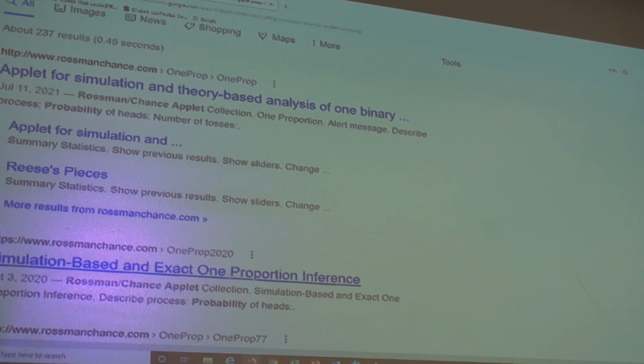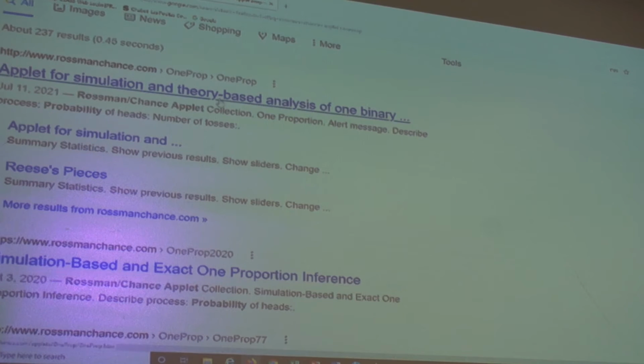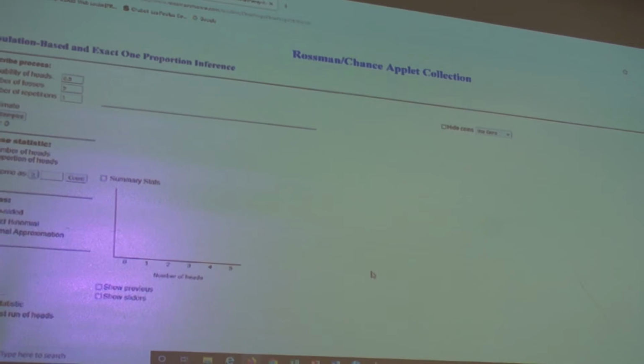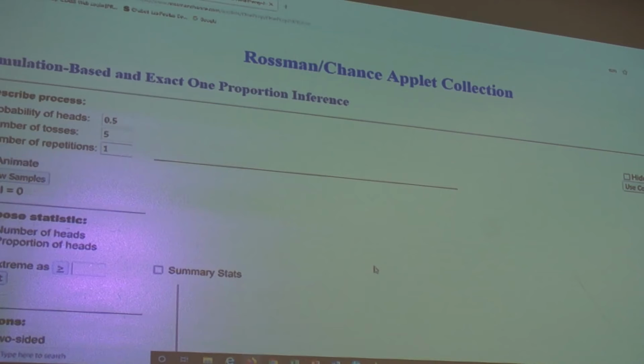There's also this one here, exact one proportion inference. Either one of these will be it, but you'll end up getting this right here. Looks like that. Is everybody there? If you're not there, raise your hand and we'll help you get there. If you're having trouble, raise your hand. There's two of us here who can help you out.